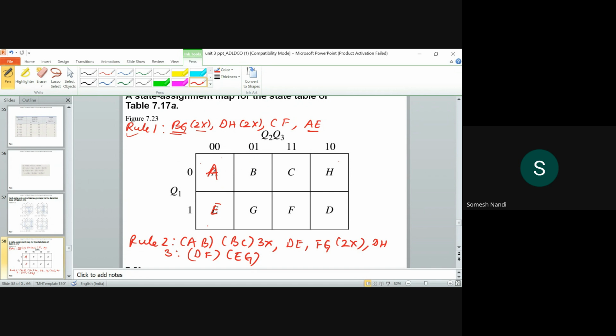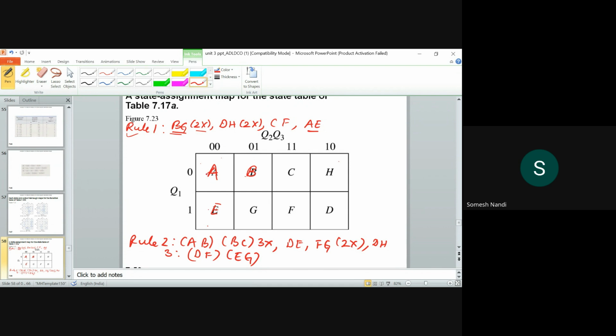Then if you see what is adjacent to A, in this only AE was adjacent. Now I will move to rule 2. Here B is adjacent. So A and B are adjacent, and here A and E are adjacent.